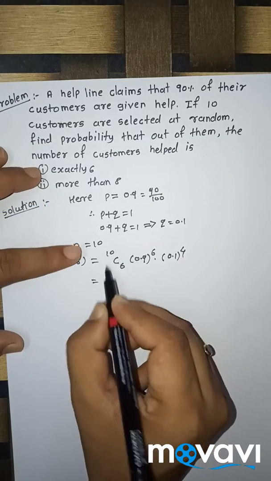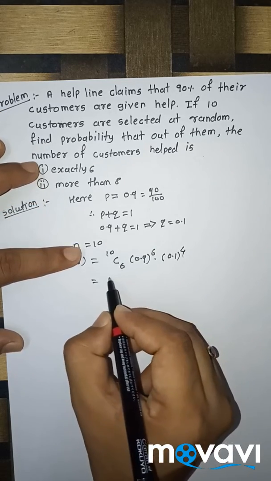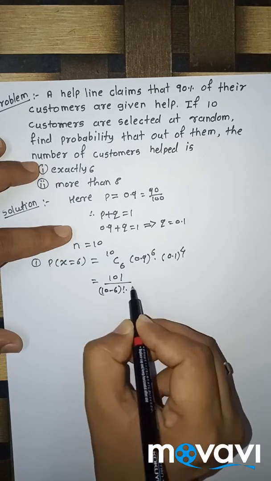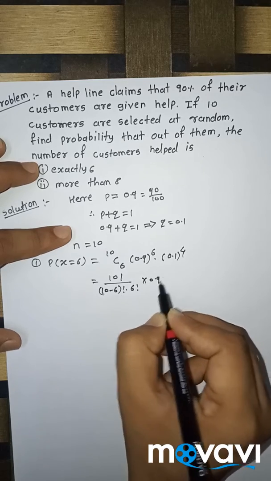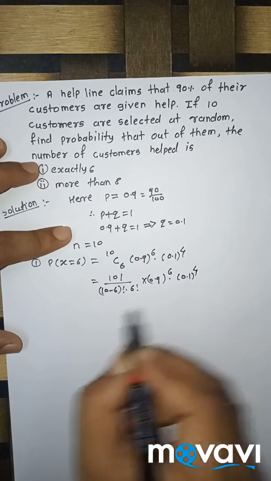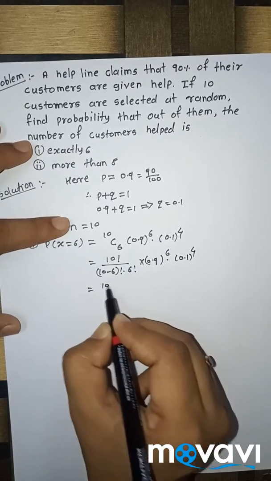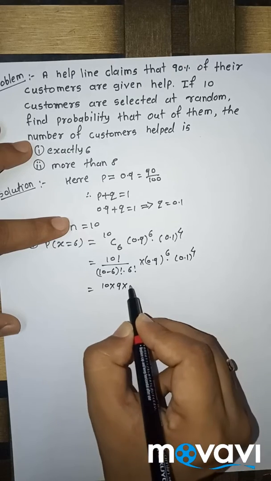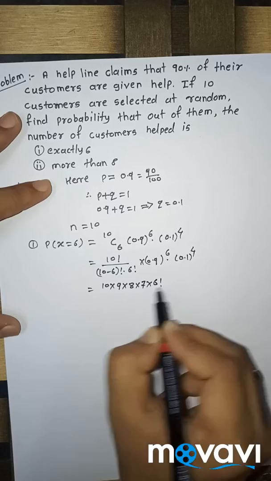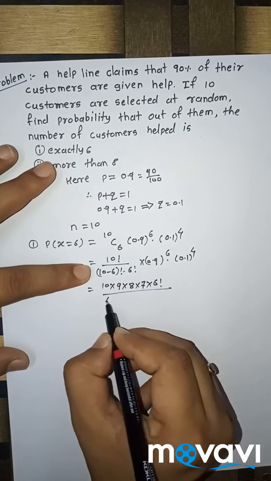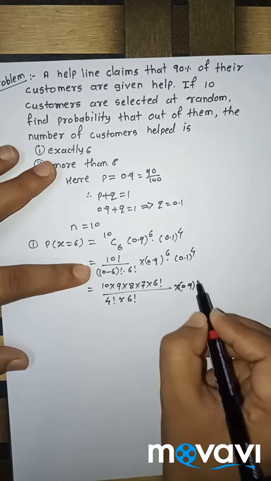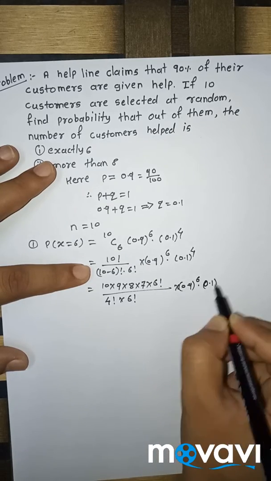This is equal to 10c6. We can write this as 10 factorial upon 10 minus 6 factorial into 6 factorial into 0.9 raised to 6 into 0.1 raised to 4. This is equal to 10 into 9 into 8 into 7 into 6 factorial upon 4 factorial into 6 factorial into 0.9 raised to 6 into 0.1 raised to 4.